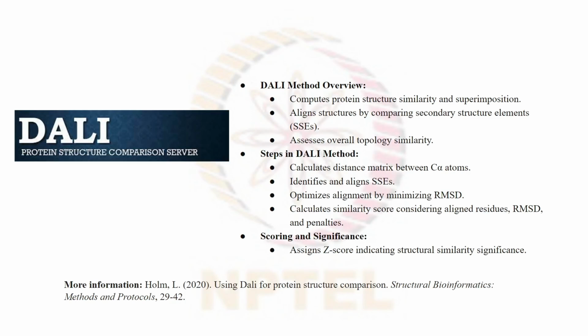The steps in this method include computing a distance matrix between pairs of C alpha atoms in the protein structures, then identifying the secondary structure elements and aligning them based on their spatial arrangement. The alignment is optimized by minimizing the RMSD between these aligned SSEs, such that the secondary structures from these two structures will be close by.